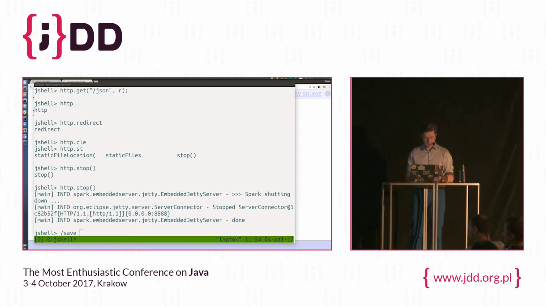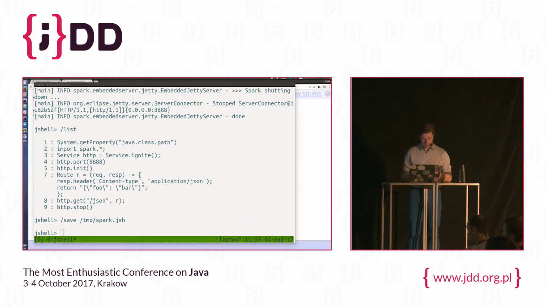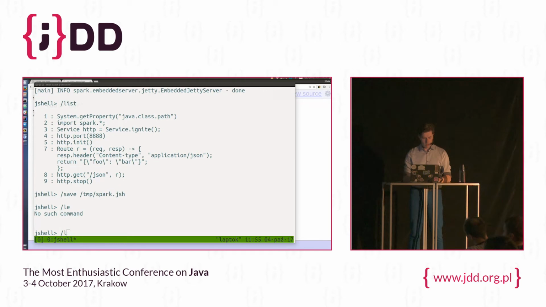What I can do is I can save everything I've written. So I have all these snippets in here, and I can save it to a temporary Spark.jshell. I've saved it to the local file, and then I can reload it with the load operation.